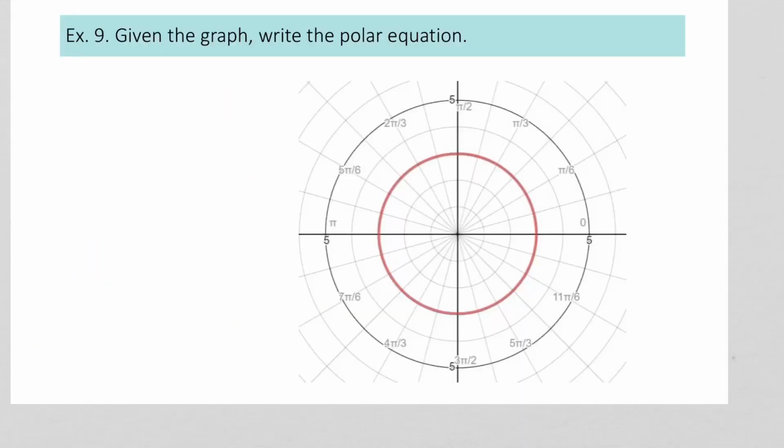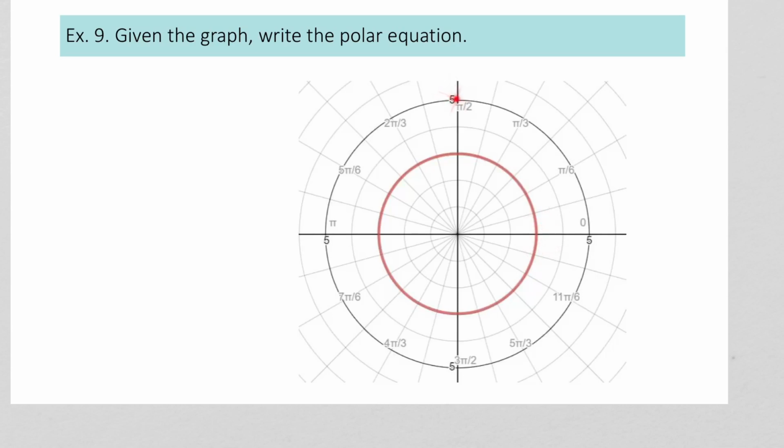Okay, the last thing I'm going to do here is write the polar equation for this red circle. So I've got a circle graphed on this graph paper here. This is actually a very simple equation, and the way you interpret this is that no matter what theta is, r is always going to be the same number.